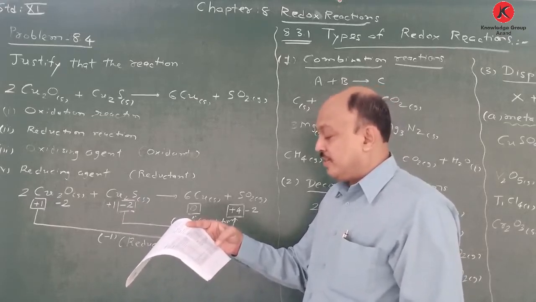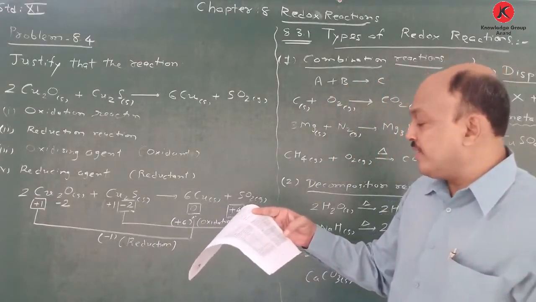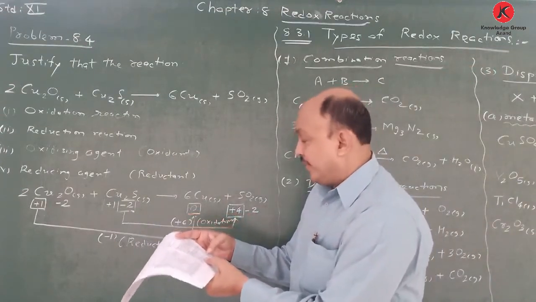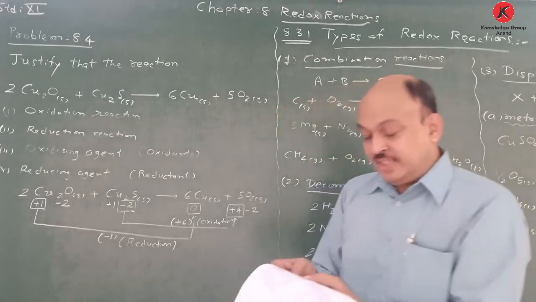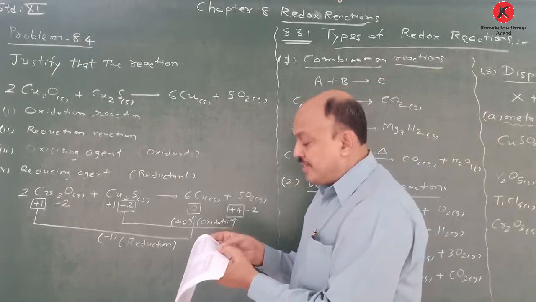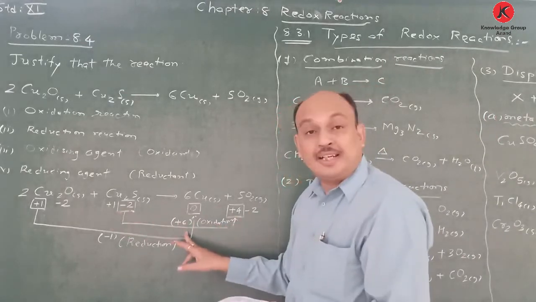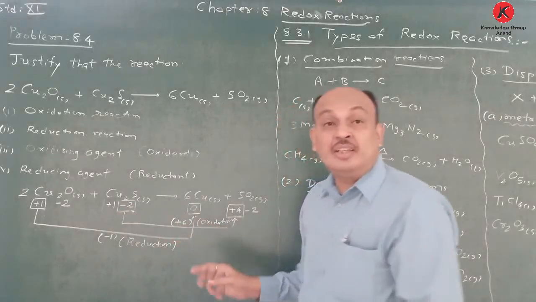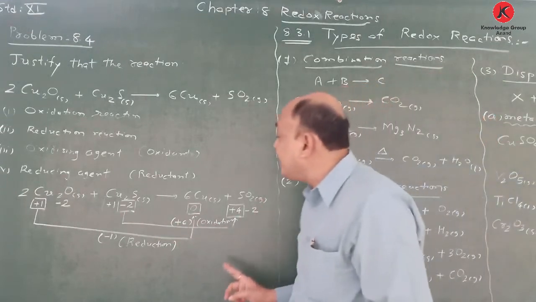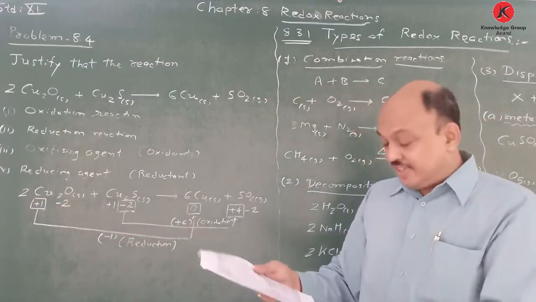We therefore conclude that in this reaction copper is reduced from the +1 state to the 0 oxidation state, so this is considered the reduction reaction. And sulfur is oxidized from the -2 state to the +4 state, therefore it is an oxidation reaction. Increasing oxidation number is known as oxidation, and decreasing oxidation number is considered reduction.